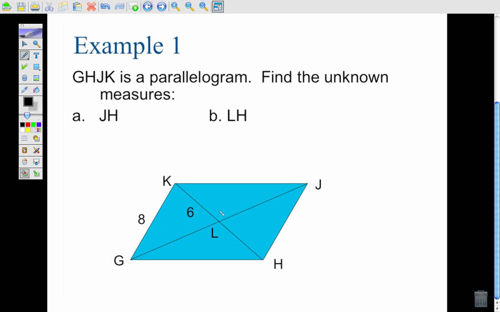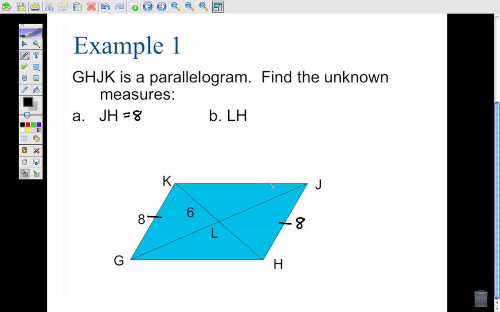Okay, so let's use some of those theorems we just learned and solve a few quick problems. GHJK is a parallelogram, so we know that much already. Find the unknown measures. So JH is a side, and I know that if I have a parallelogram, those sides are congruent, so I would know this is 8.